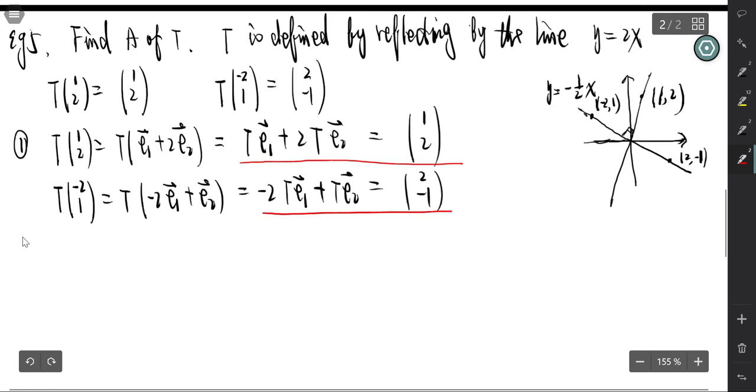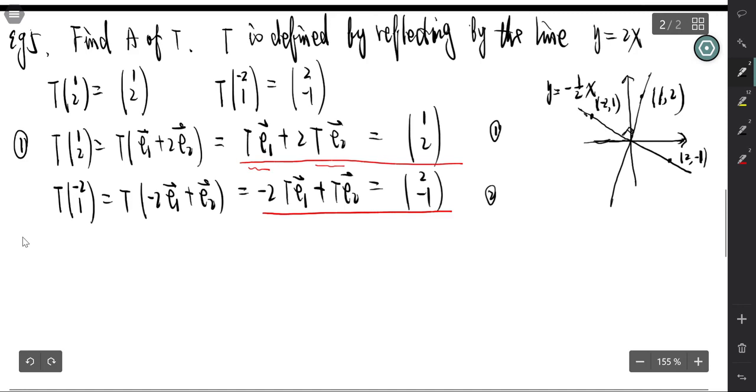If we view TE1 and TE2 as unknown variables, then we can solve this linear system by Gaussian elimination. If we call this the first equation, this the second equation.